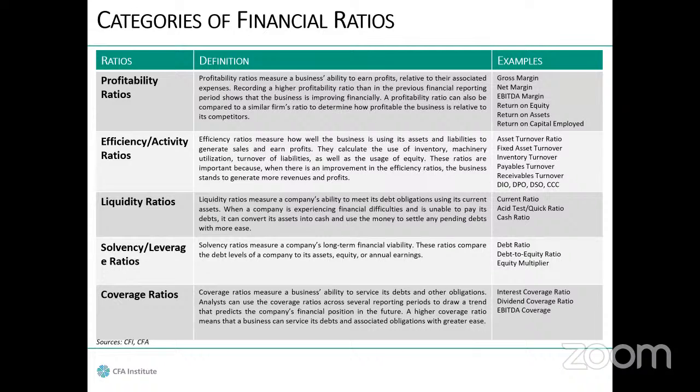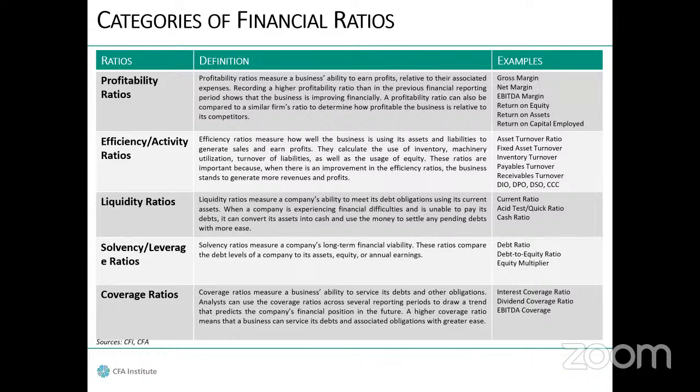Because remember, when you sell the stock, then you collect payments. If you didn't collect payment in cash, you still have to wait more days to get your cash for the ones you sold on credit. So that's why you have to add the days of sales outstanding. So days of inventory outstanding plus days of sales outstanding, then you subtract days of payables outstanding, and that will give you your cash conversion cycle. But I will show us how to calculate it when we begin to do the calculations.